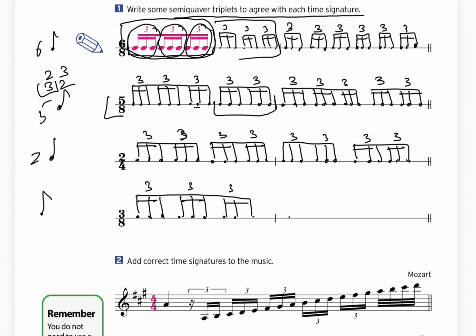So in the bar we need this much only. Okay, so here we have finished this question.